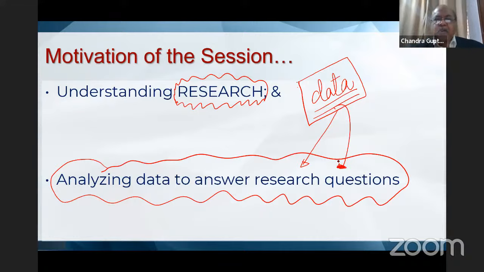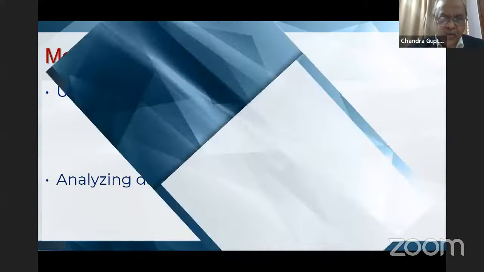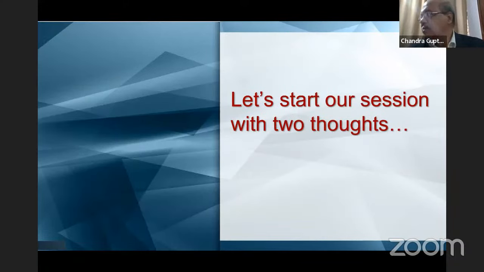Of course, we are not going to discuss each and every tool of analysis. We will be talking about some basic statistical tools for analysis and regression. The focus will be to understand what we need for our research and how we can use the tools to answer those research questions.